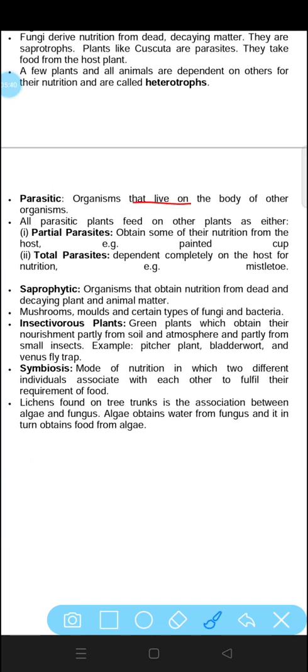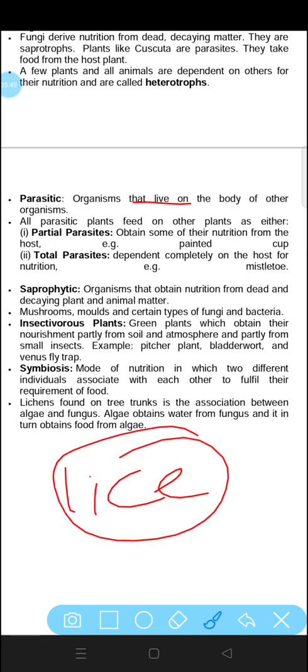Now let's talk about parasitic. Parasitic organisms live on the body of other organisms. For example, lice. Lice live in our hair or on our head. They get nutrition from the human body. So these are parasitic organisms. Some parasitic plants feed on other plants. Some plants are partial parasitic, obtaining some of their nutrition from the host.